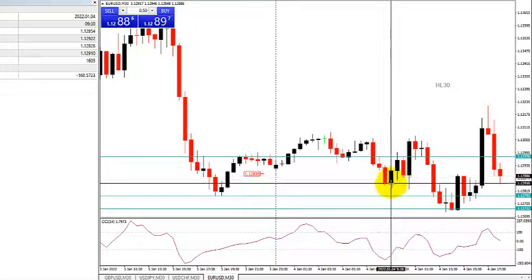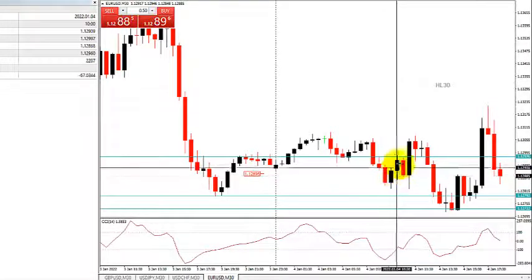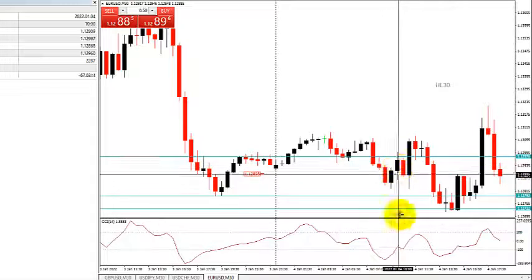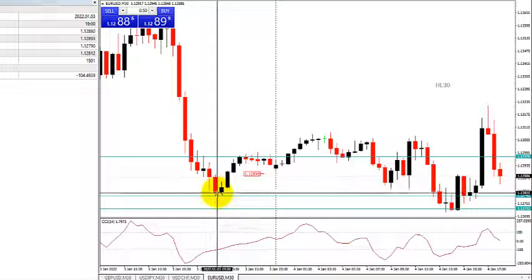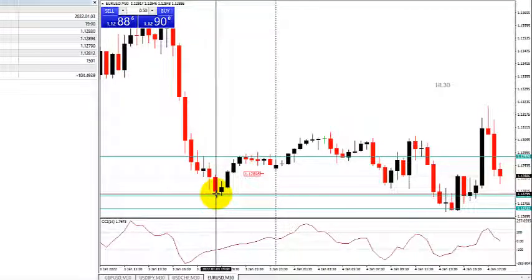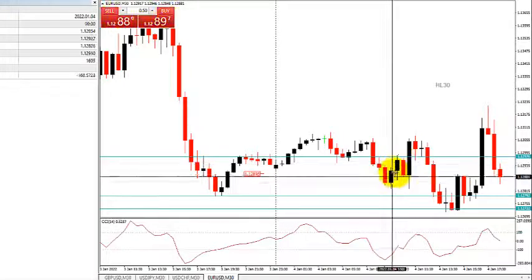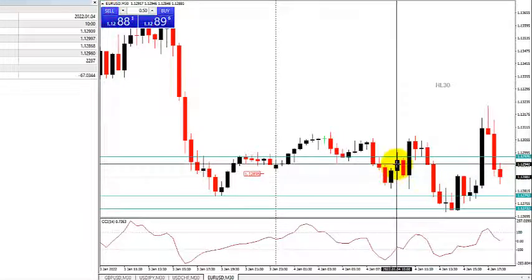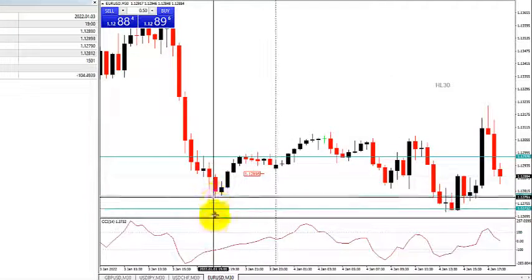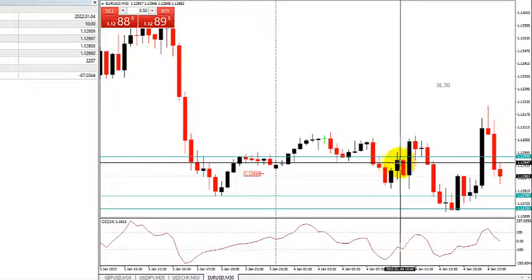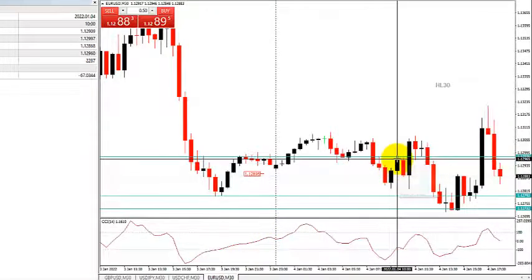And I'd start looking for completed candles that are bullish with a higher CCI reading than the previous day's CCI reading. So again, remember the previous day's low CCI reading is minus 104, and here's the reversal pattern right here. And on that candle, it's printing minus 67. So that's a higher CCI reading than the previous day's low CCI reading, which would normally confirm an HL30.